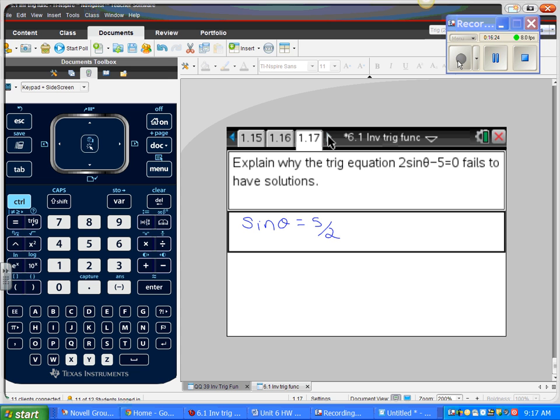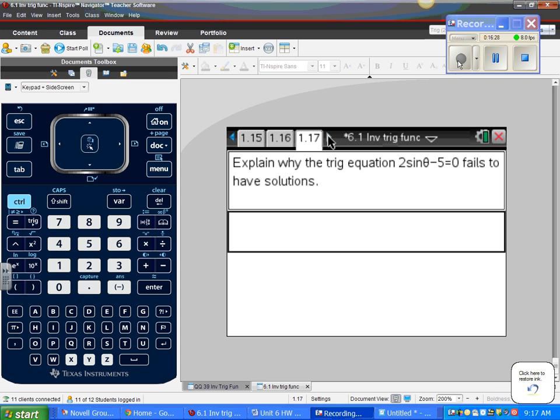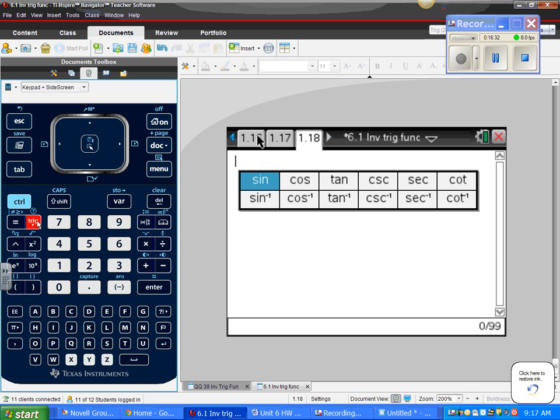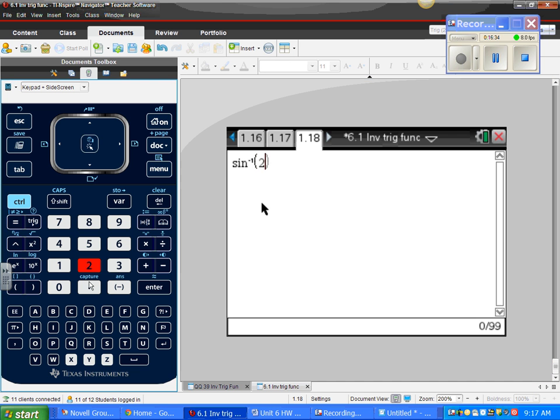All right, so why is it that when I put sine inverse of 5 halves into my calculator, I get this? Why? Some of you got non-real calculation, right? Why? Yeah, awesome. It's bigger than 1.